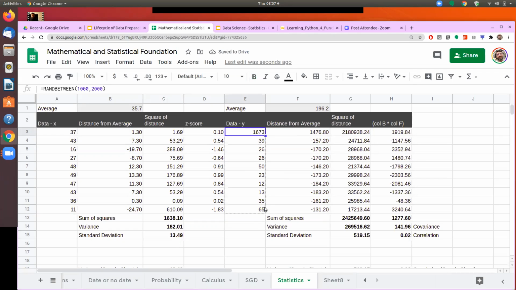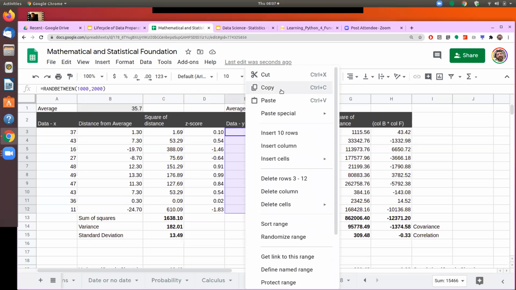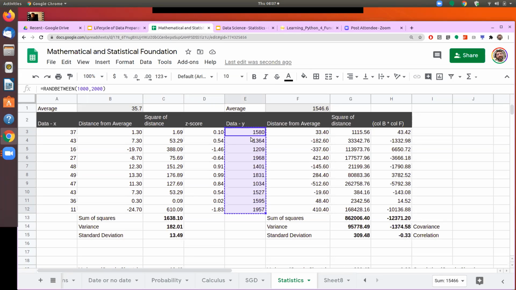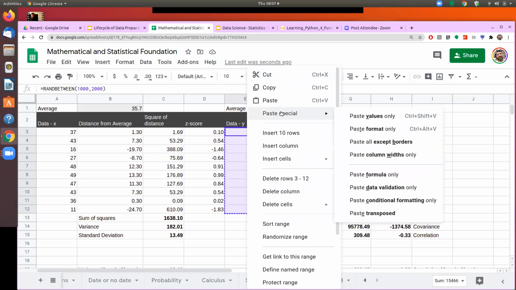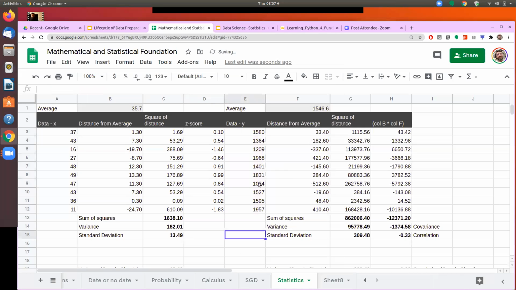So for the second data set, I'm not taking similar numbers, I am taking large numbers. So I have these very large numbers here. What happens now? My standard deviation is becoming 309 for this data set, and the standard deviation is only 13 for this data set, because obviously this data set contains some small numbers and this one contains larger numbers.